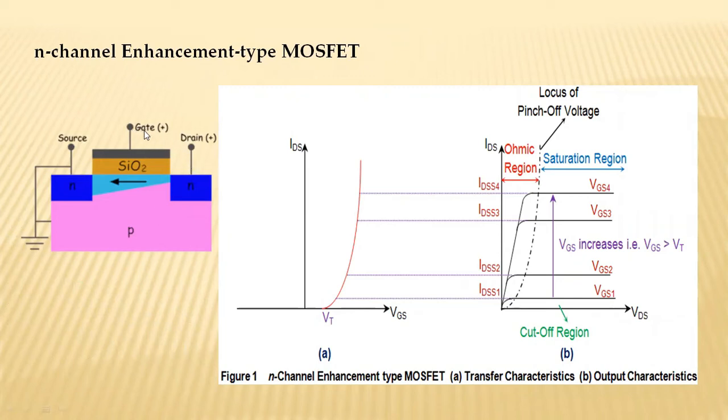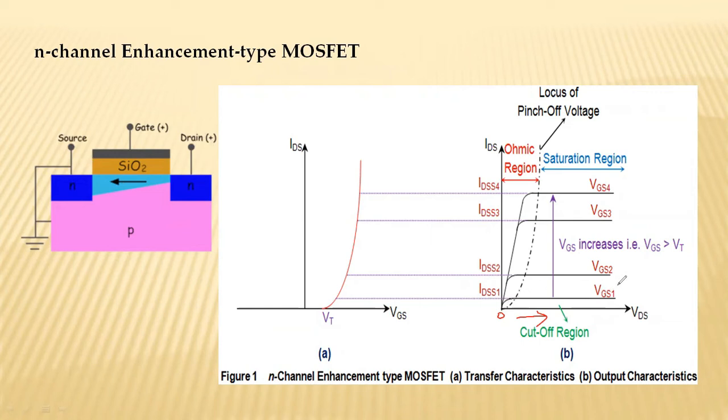So for N-channel enhancement mode MOSFET, gate to source voltage is positive and drain to source voltage is also positive. So both are positive. Now let us see the output characteristics first, that is figure B. Now as you go on increasing the applied voltage between drain and source starting from 0, the current in the MOSFET increases.